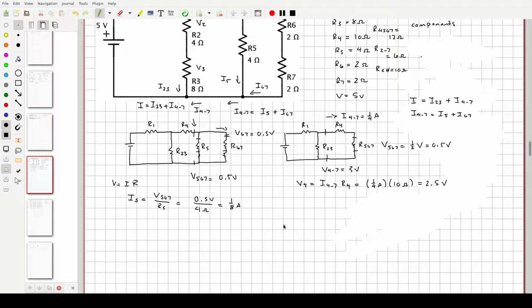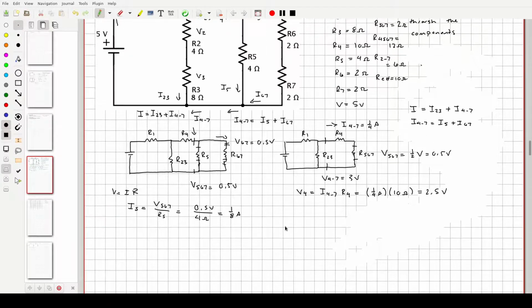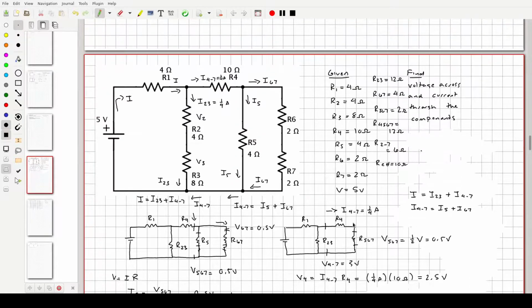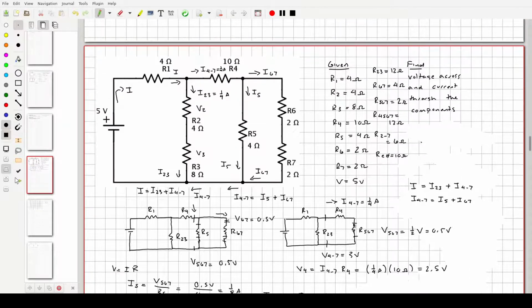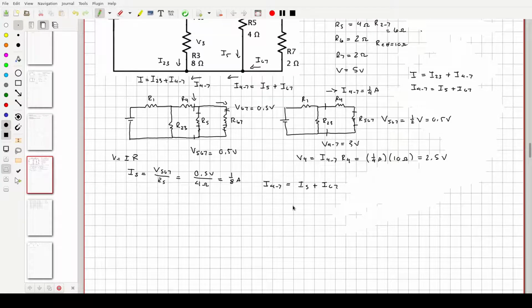So the relationship between them would be I4 through 7 is equal to I5 plus I67, right? So I67 is equal to I4 through 7 minus I5.